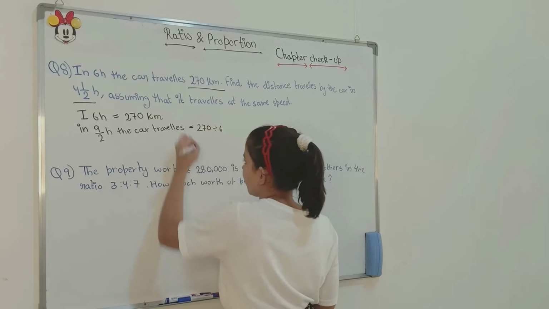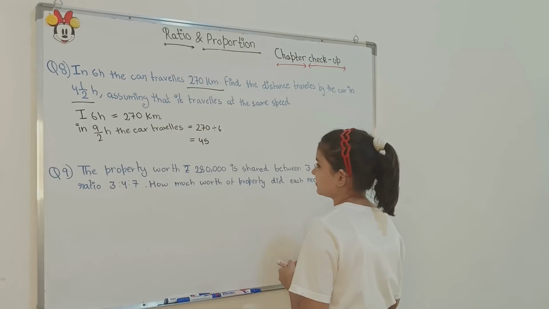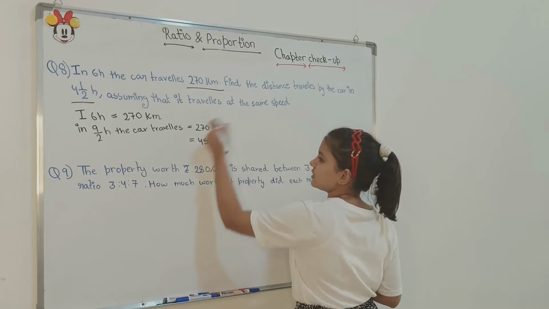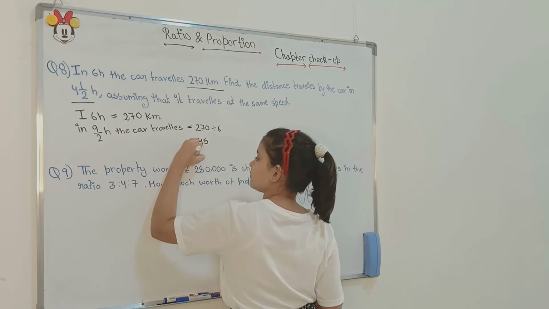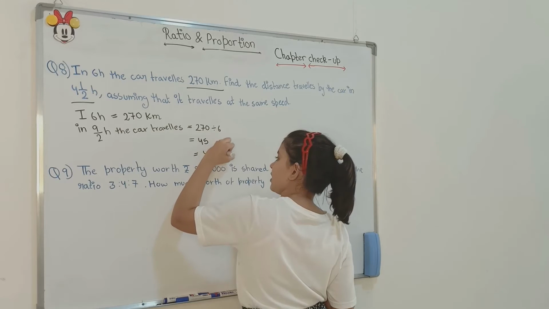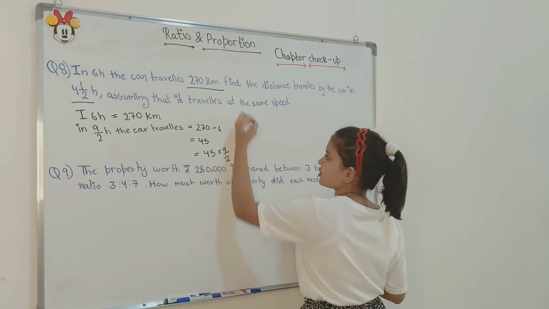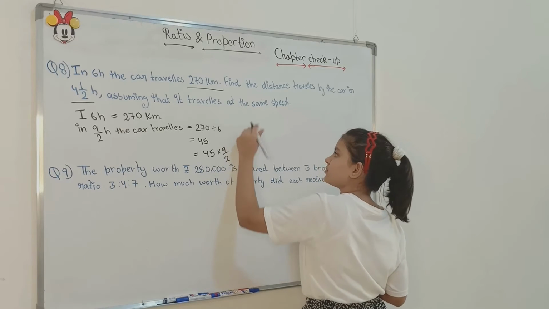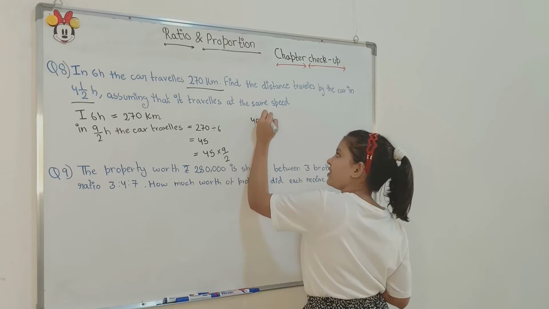So once we divide them, we'll get 45 as the answer. So now 45 times 9 by 2. So we write 45 into 9 by 2 multiply. So first when we multiply 45 by 9, we get 405 as the answer. So we divide it by 2.